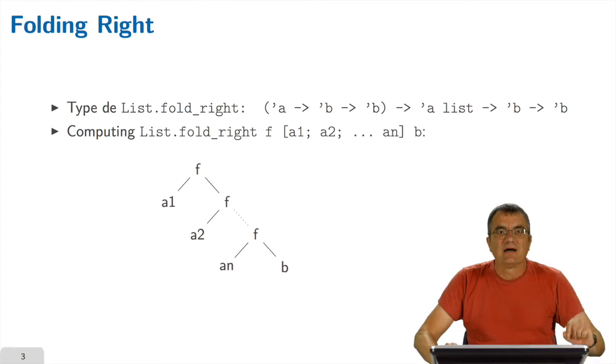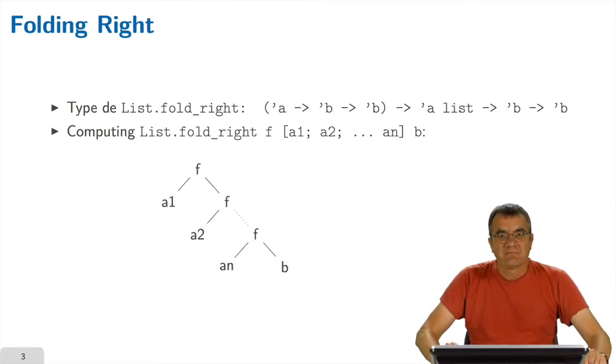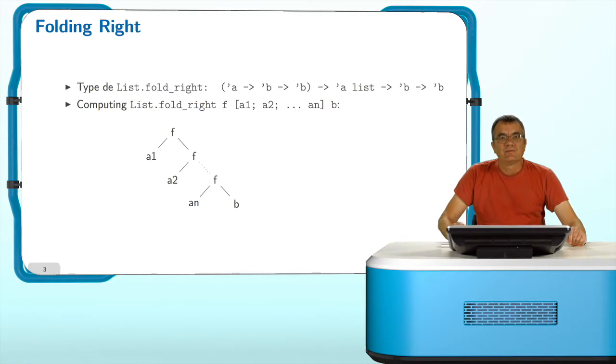Now, what would be the type of this function? The alphas would be the element types of our list, and beta would be the result type of function f, which means that fold right would take as first argument the binary function, which would be of type alpha, an element of the list, beta, something which is returned from f itself, and gives the result beta, so this would be the functional type.